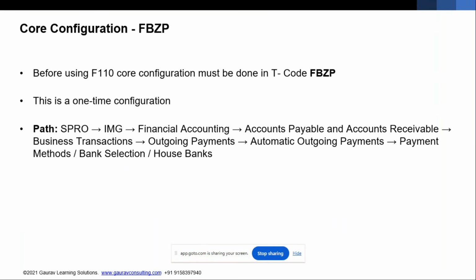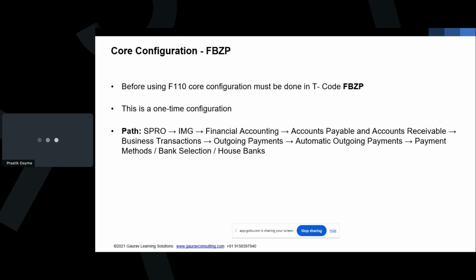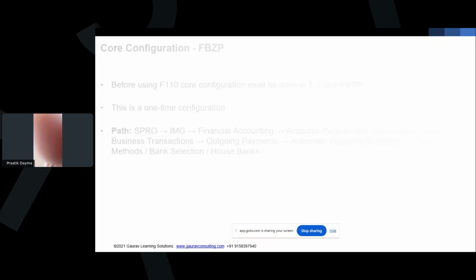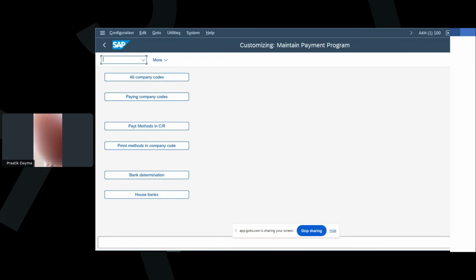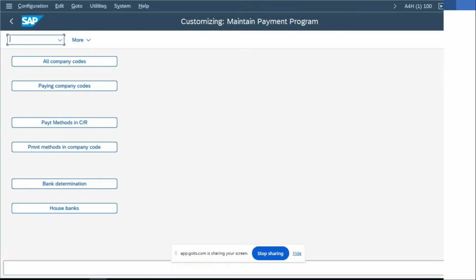Yes, it's a one-time configuration, but should we want to make changes, say to our banks, there's T code FI12 that we can also use. This is how the system looks. We're going to have a look in the system just now. When you choose FBZP, firstly we configure all the company codes that are going to be using APP.